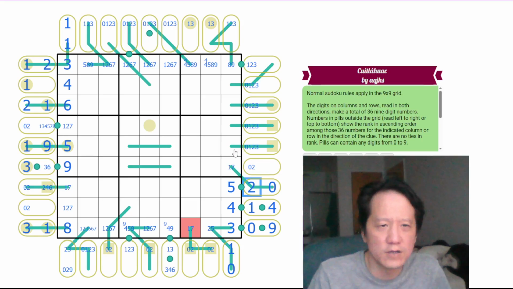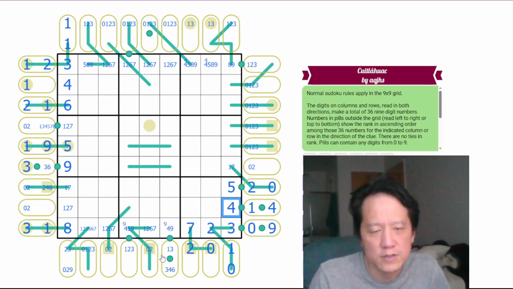What else do we have? 4 can't be any of these anyways. This 5 means this can't be 5, so this has to be 2, which forces this to be 0, which makes that a 2. Therefore, this can't be 1 anymore. This has to be 7, because it's 1 modulo 3.